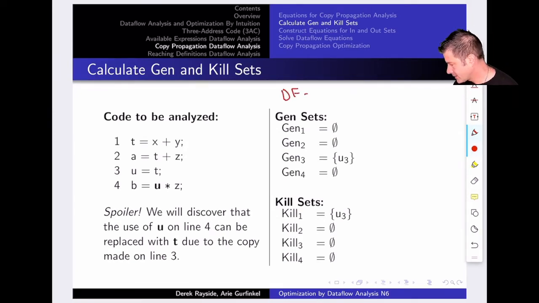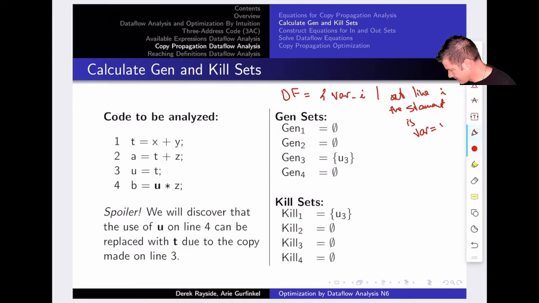The data flow facts are var_i, where at line i, the statement is var equals var prime, where var prime is another variable.